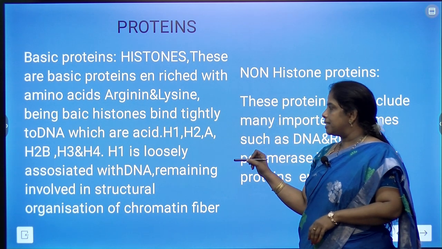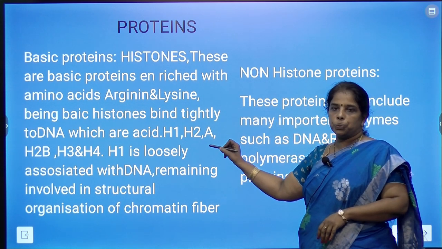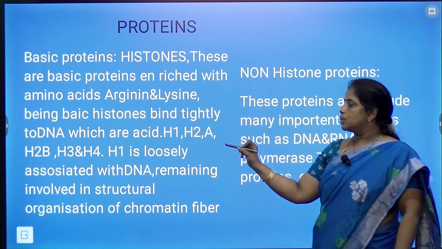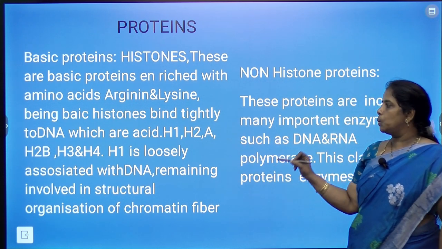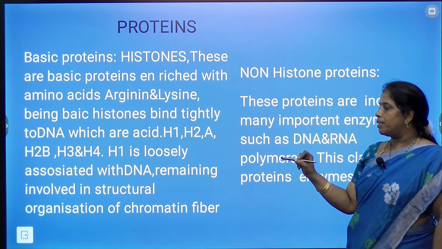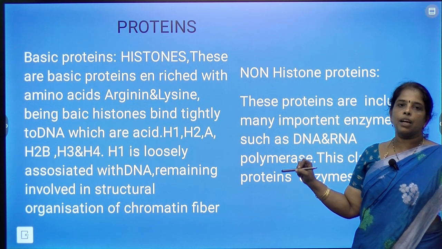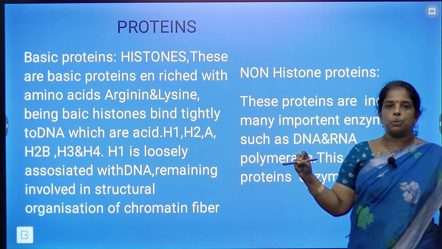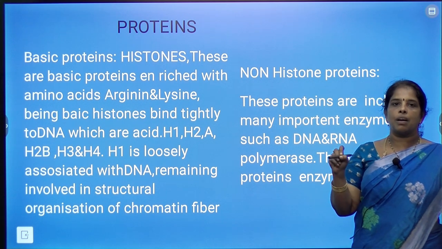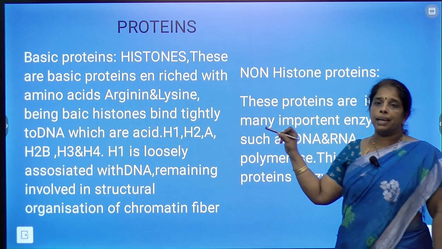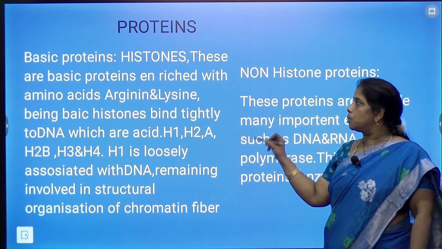The histone proteins are H1, H2A, H2B, H3 and H4. Among these, H1 is loosely associated with the DNA and the remaining are involved in structural organization of the chromosome. So histone proteins are mainly associated with the structural organization of the chromatin fiber inside the chromosome.